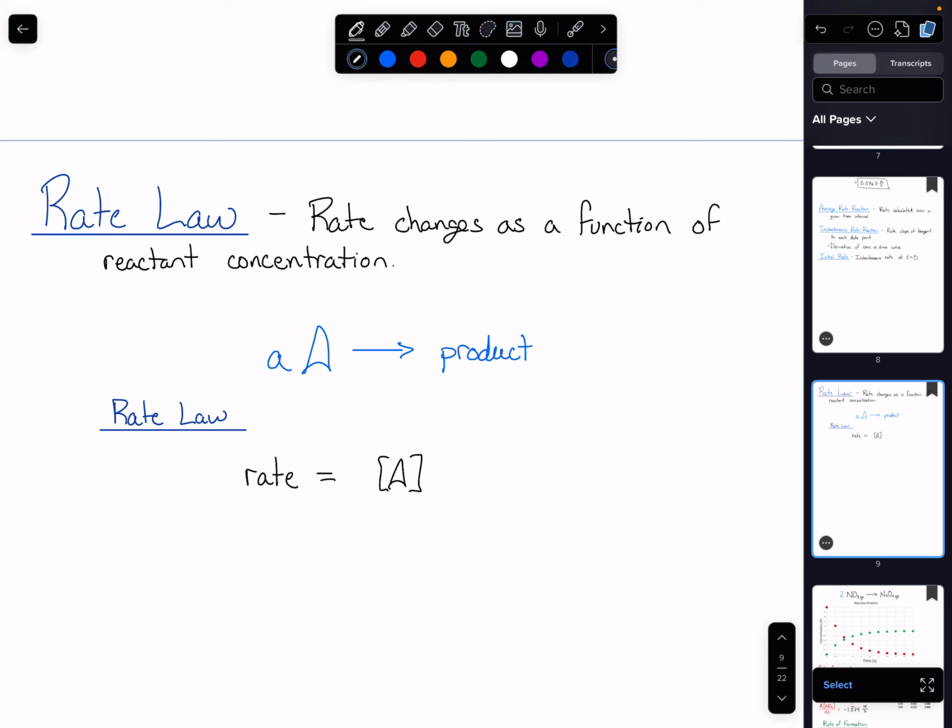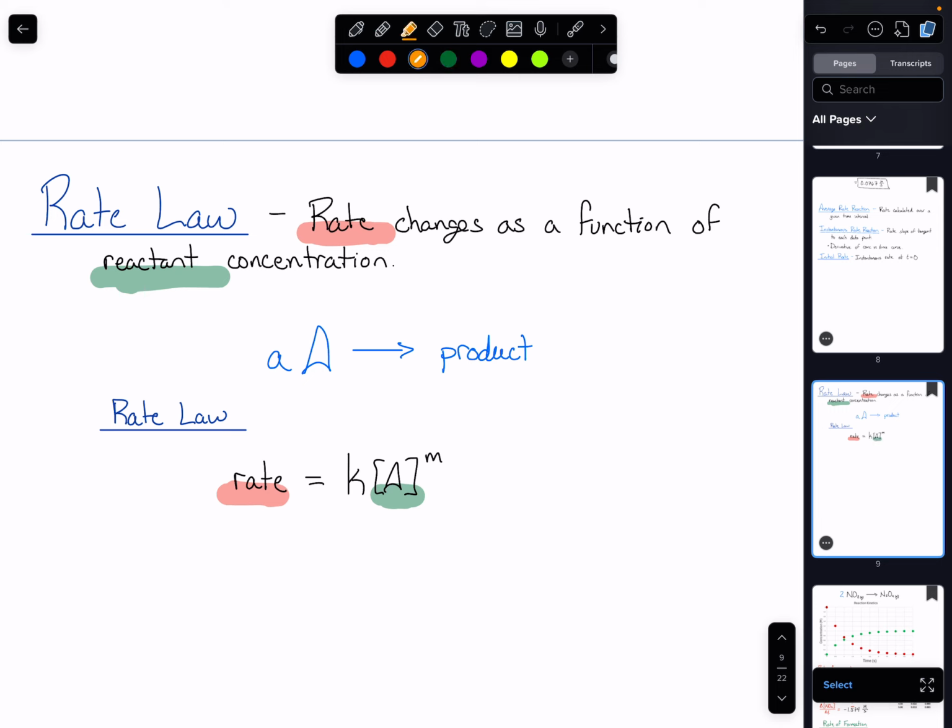The rate is equal to some constant k times the concentration of A raised to some power. This is our rate law. Again, it relates the rate of our reaction as a function of reactant concentration.